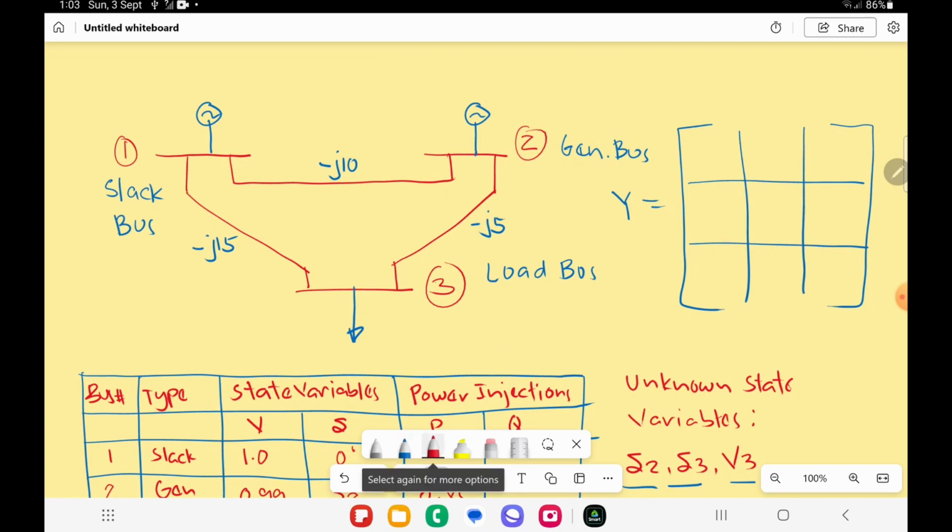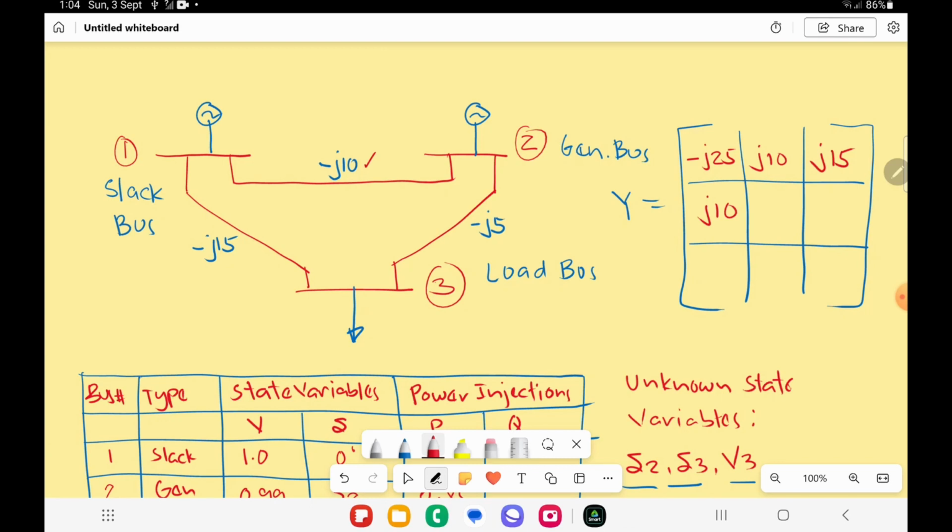For Y12, we have J10. For Y13, we have J15. For Y11 is the sum of these two, which is negative J25. For Y21, we have also J10.